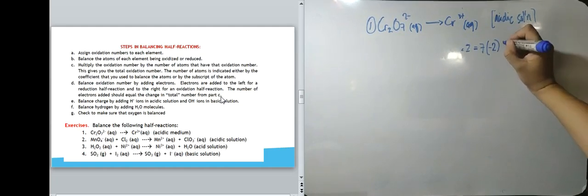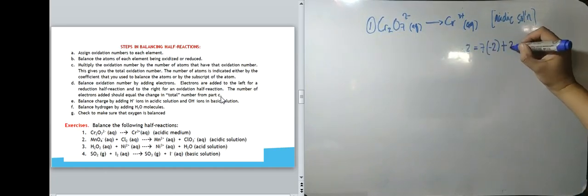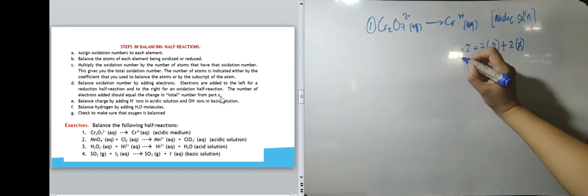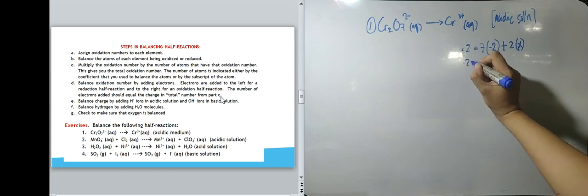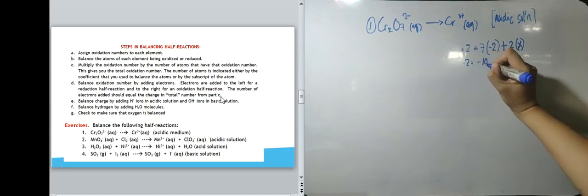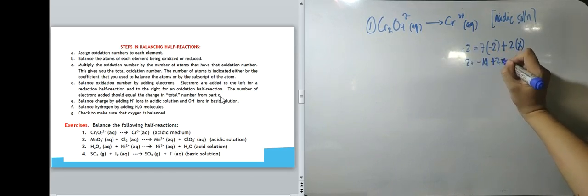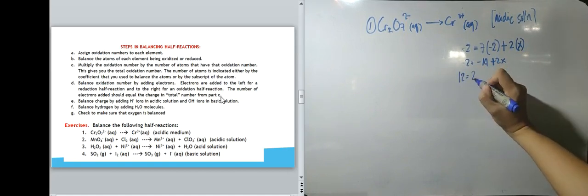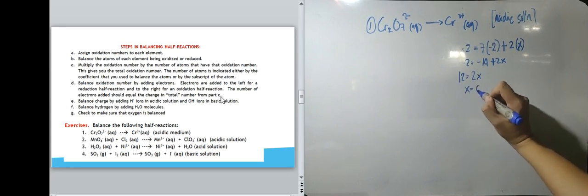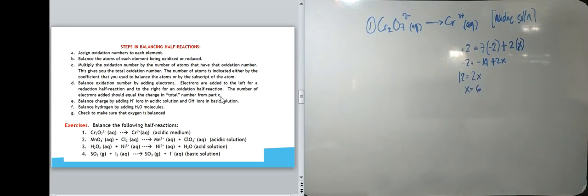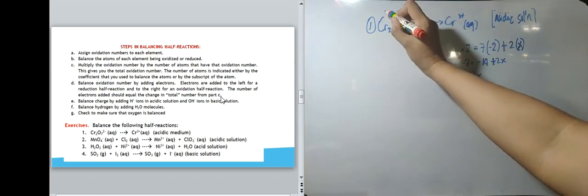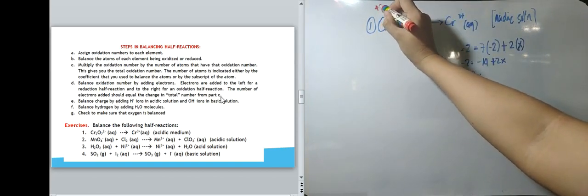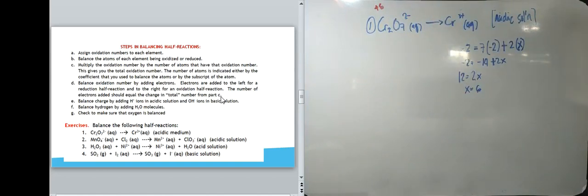Then plus ilang Cr? 2 times X. So therefore, negative 2 is equal to negative 14 plus 2X. 12 equals 2X. So X is equal to 6. So therefore, 6 ang oxidation number niya ng chromium. Okay?